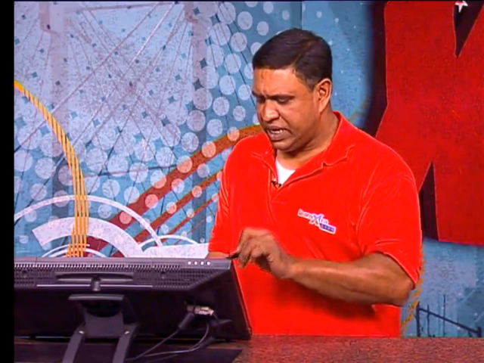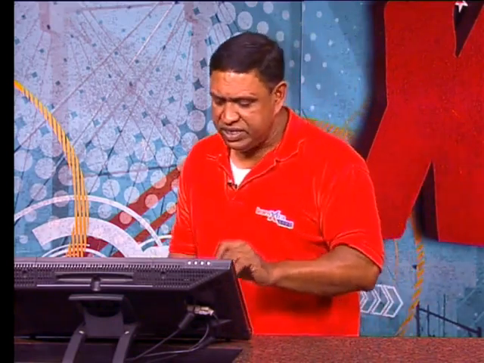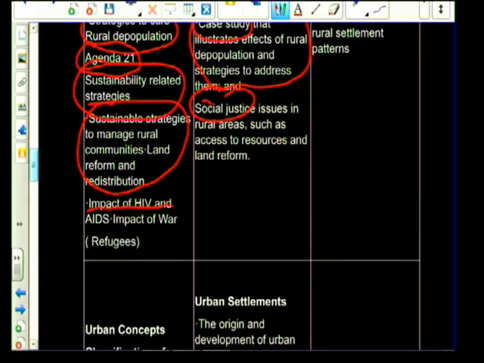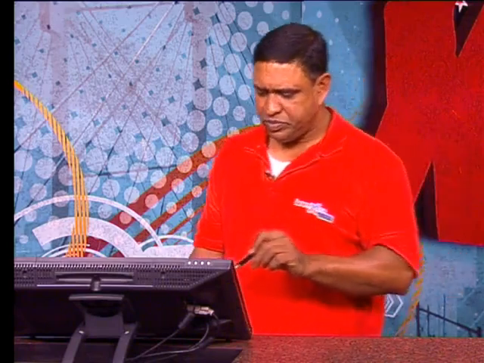The only thing that has been removed from this section, learners, is the impact of HIV and AIDS, and the impact of war and refugees. This has been taken out. Okay?